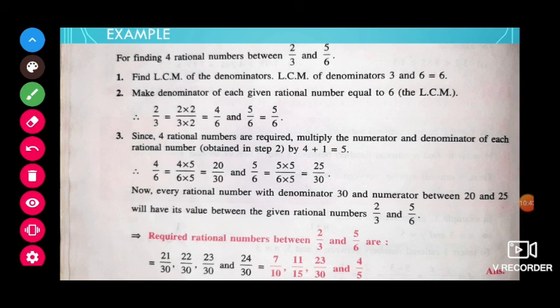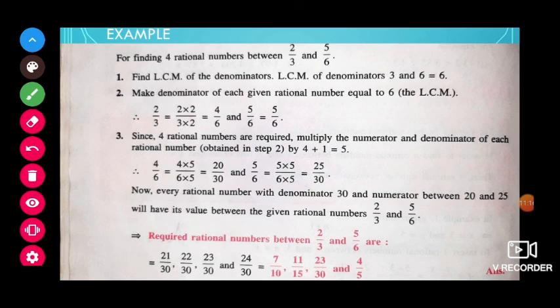Now how many do I want to insert? 4 rational numbers I have to insert, meaning 4 rational numbers I have to find. So what I will do is multiply both rational numbers, 4 by 6 and 5 by 6, with 4 plus 1, that is 5. 4 into 5 by 6 into 5 gives 20 by 30. Then 5 by 6, multiplied by 5 by 5, gives 25 by 30.